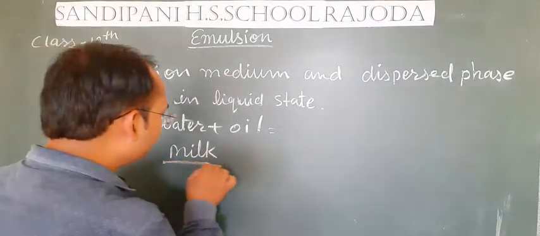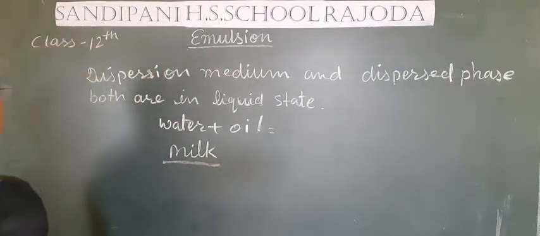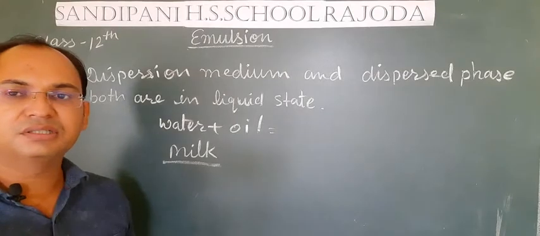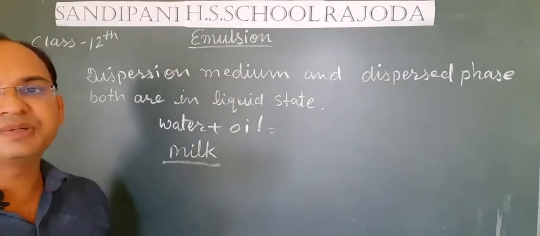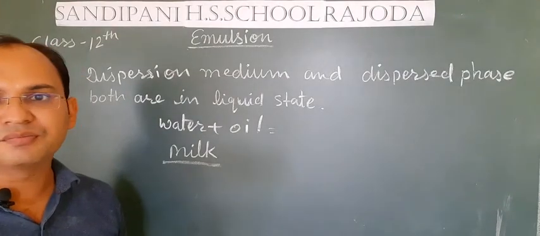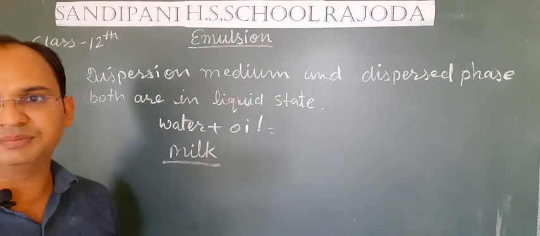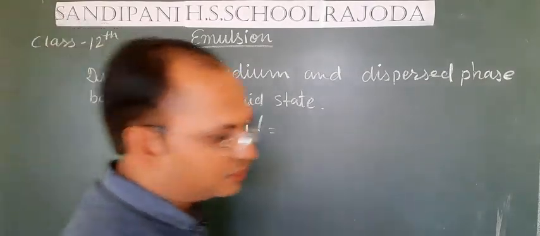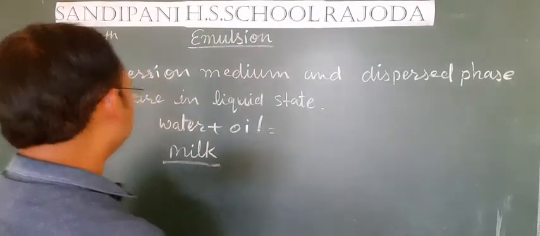So milk is an example of the emulsion, but students, on the basis of the disperse phase and dispersion medium, the emulsion can be of two types. Let's see which types these are.